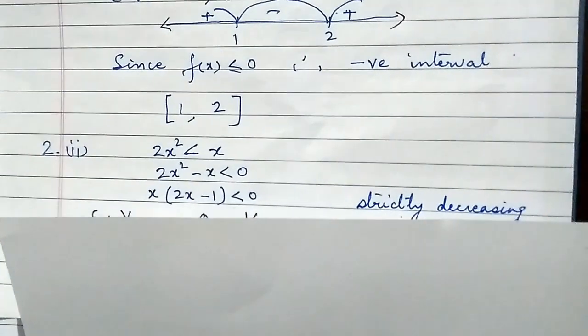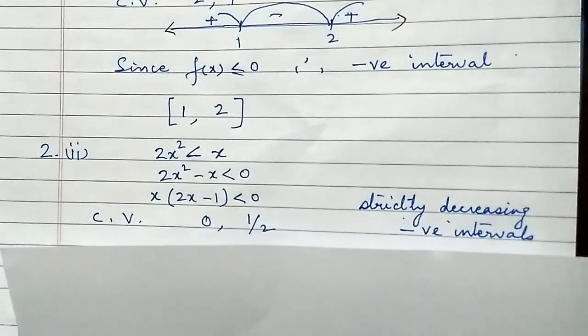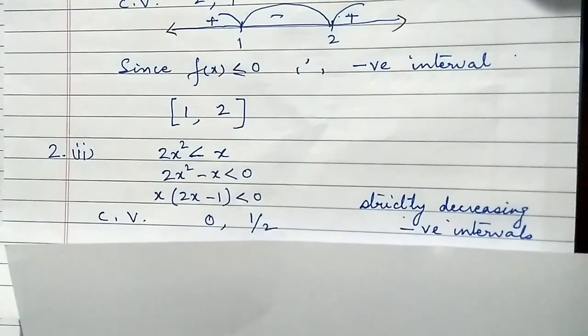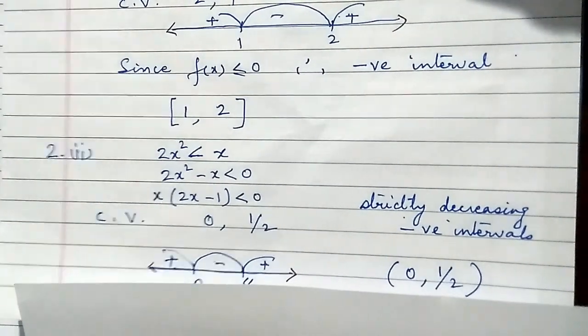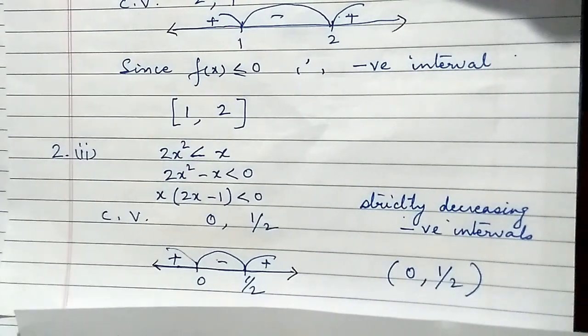So now when you solve it just like the quadratic equation, the critical values turn out to be 0 and half. The function is less than 0, so negative intervals are needed over here. Again draw the number line and mark 0 and half only, with no other values there.